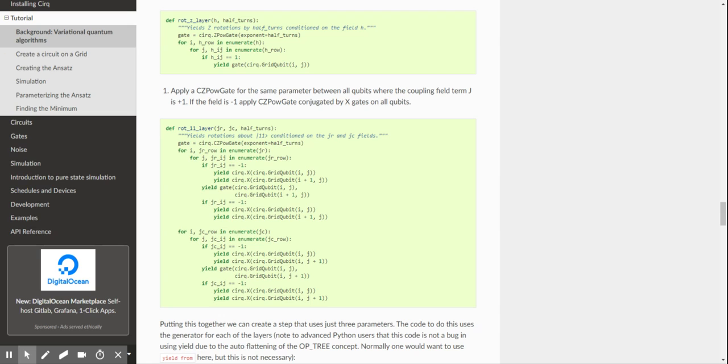And if it's -1, we apply a control Z power gate conjugated by X gates on all qubits.